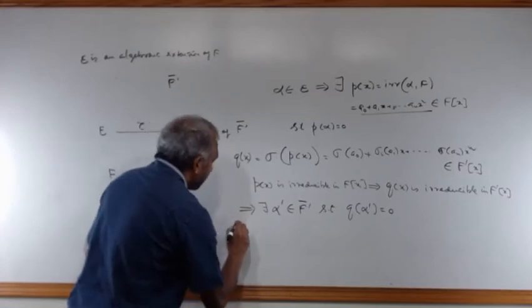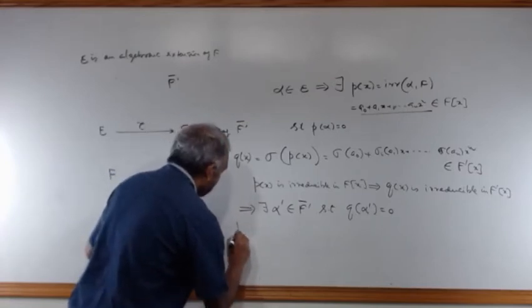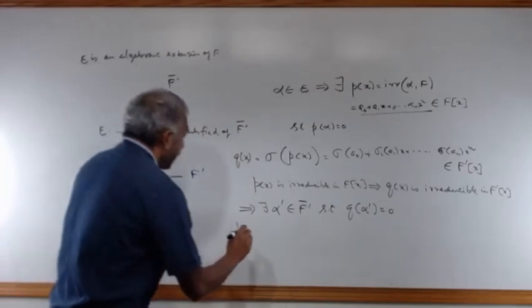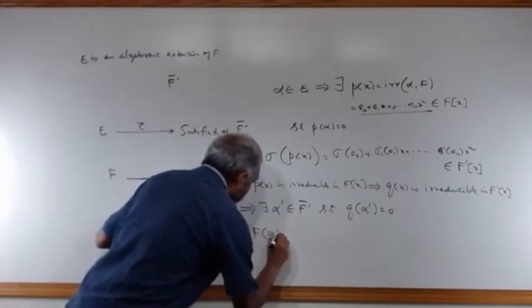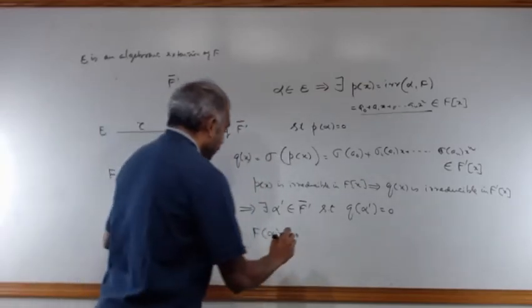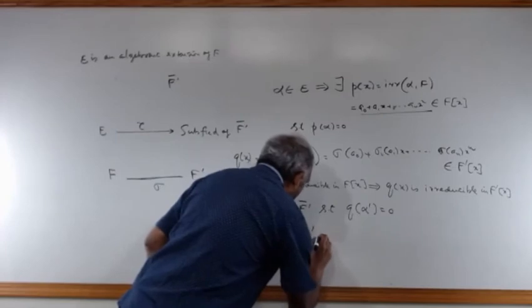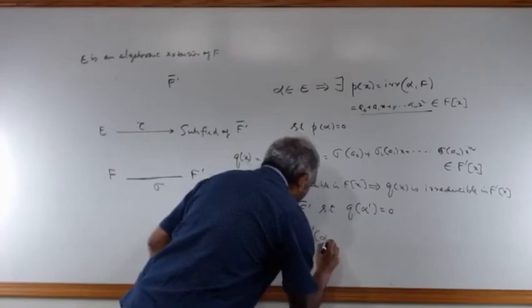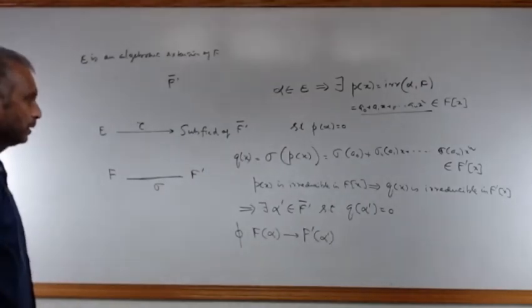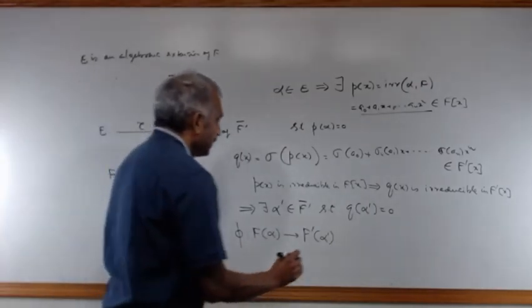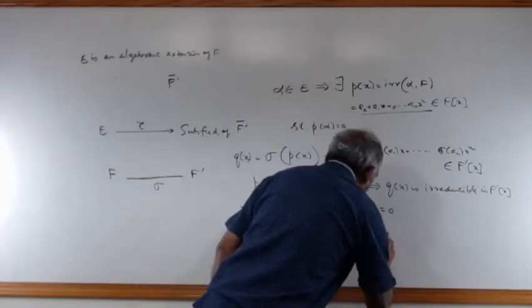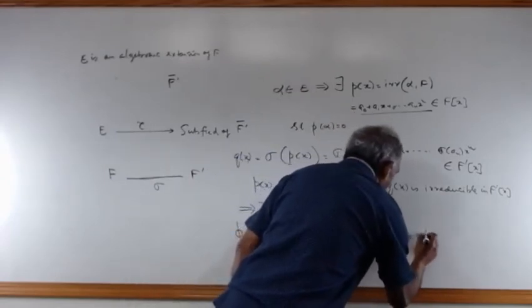A map, let's say phi, from F(alpha) to F'(alpha'), such that phi of alpha is equal to alpha prime.